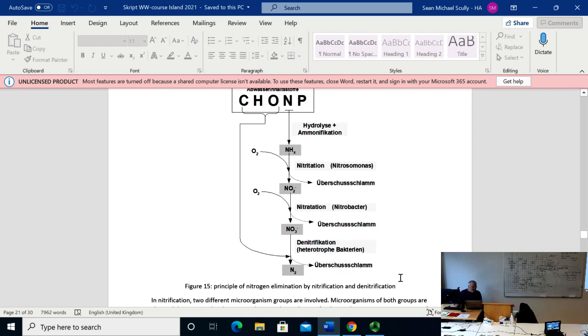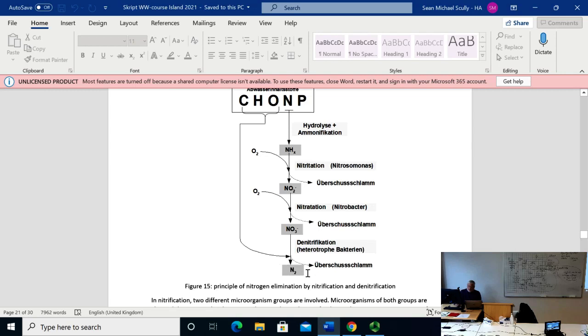So it's all organic stuff, the respiration. These are the same guys that we use for degrading our COD. They just use oxygen from the nitrate instead of dissolved oxygen.